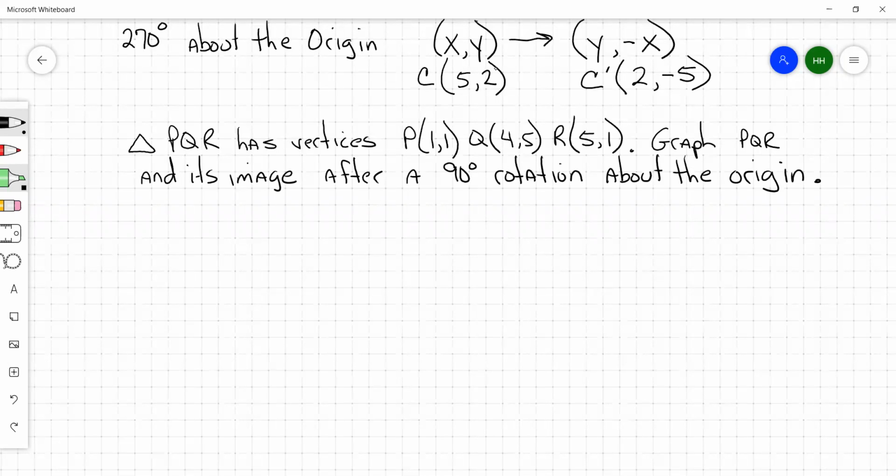Okay? So what we do is we take P, Q, and R and we graph it. First thing you do.